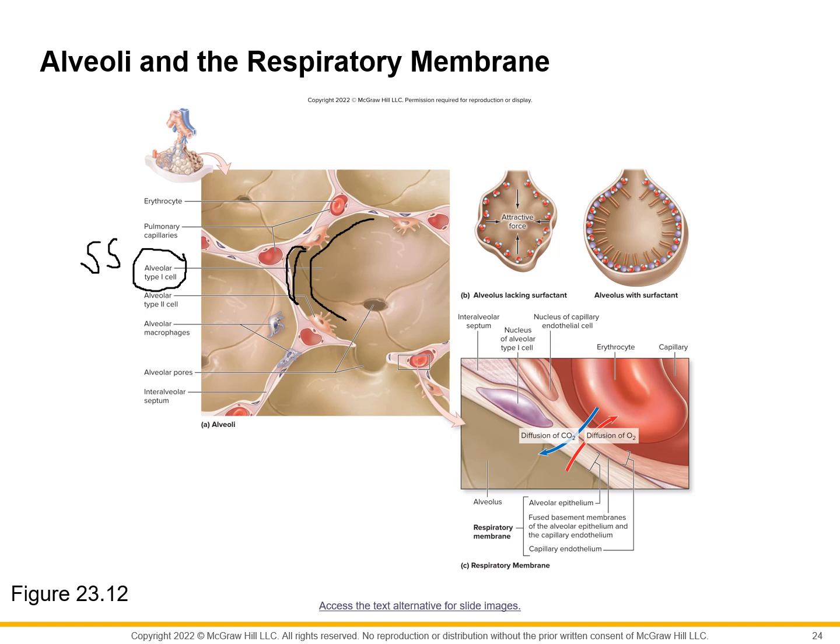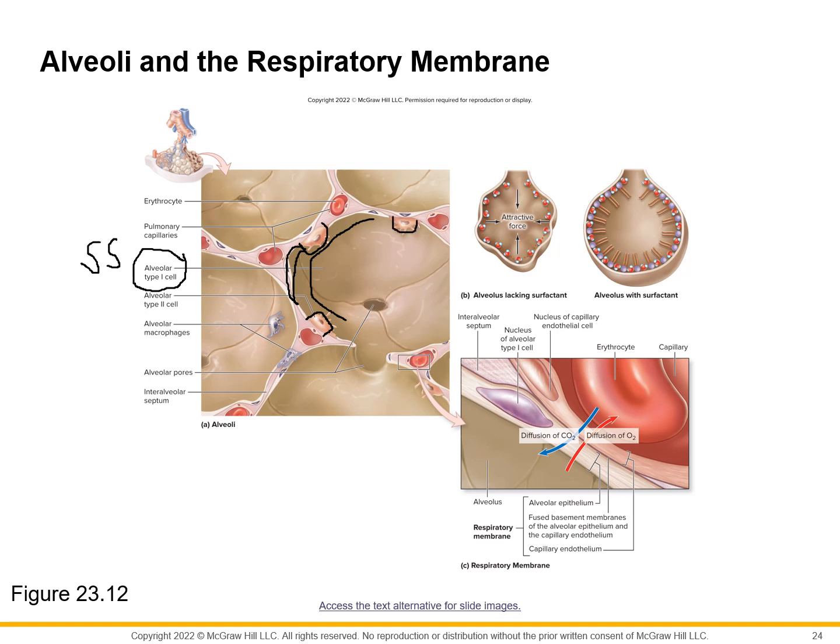The next cell is a cuboidal cell. These are scattered throughout the alveolar sacs. They're not tightly packed, but every now and then you will notice that there's a cuboidal cell here and there. So this is an example of one. These orange ones are examples of simple cuboidal cells.